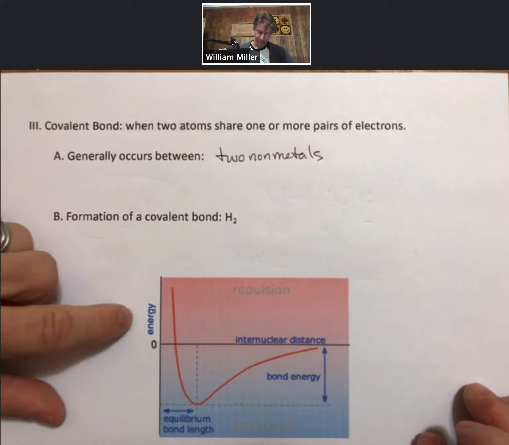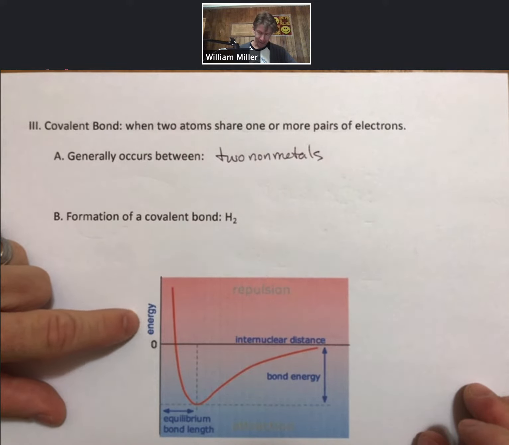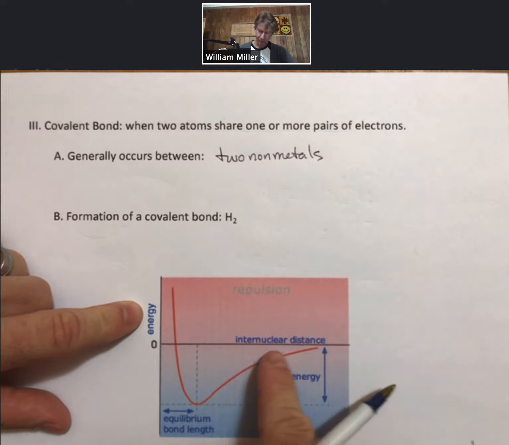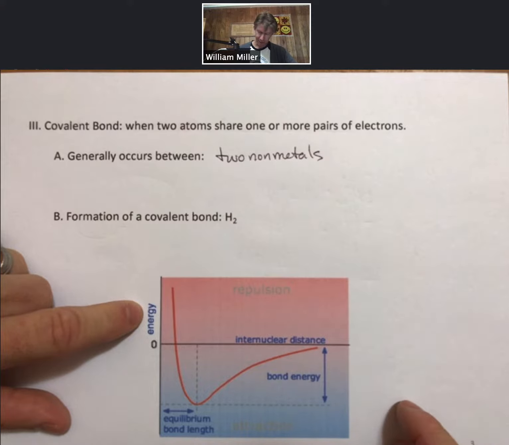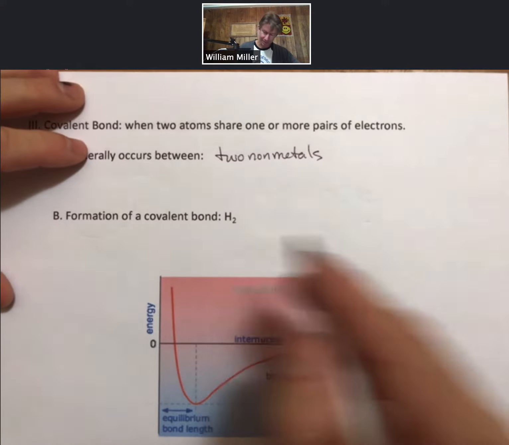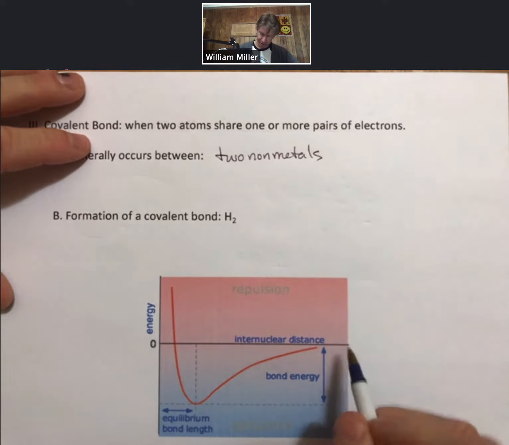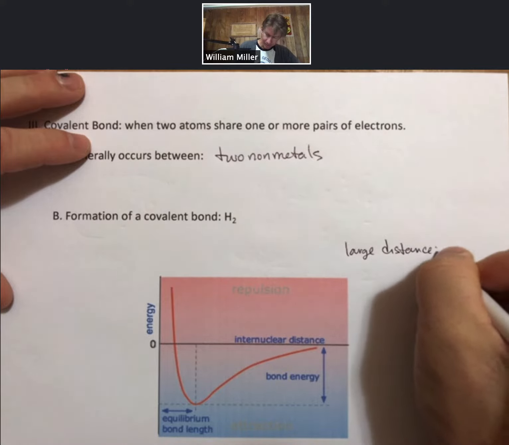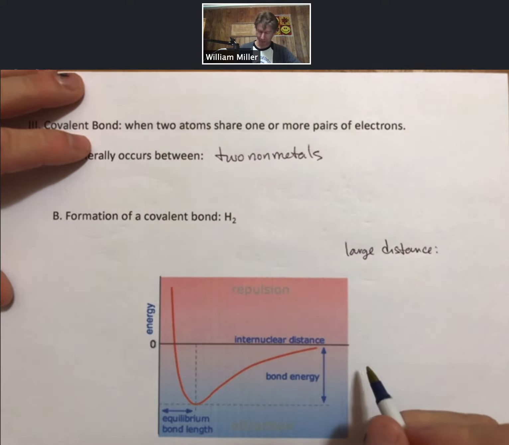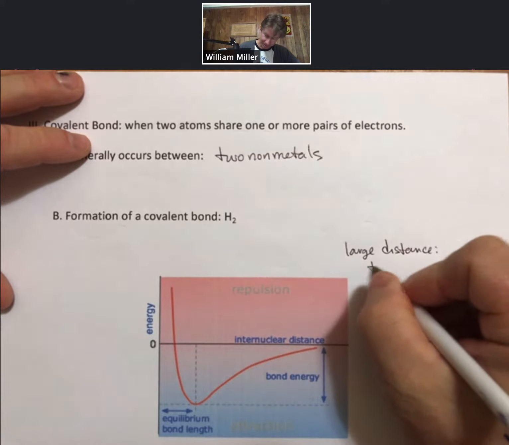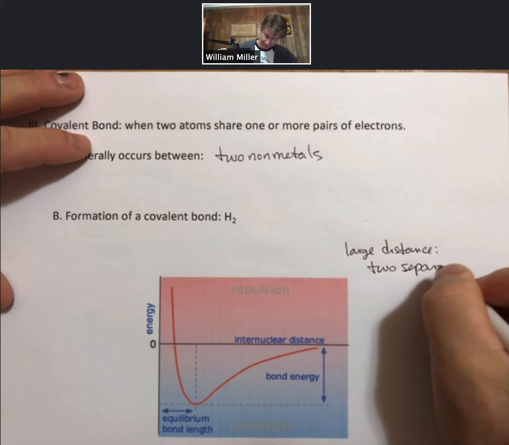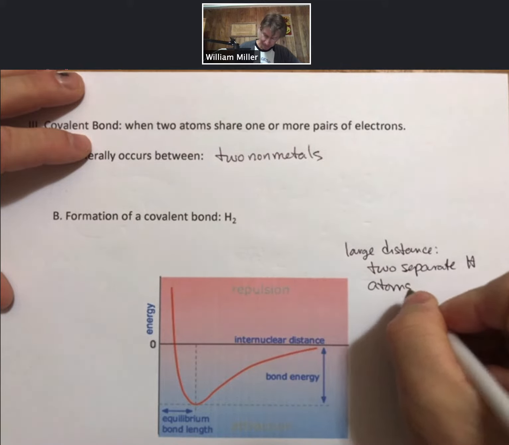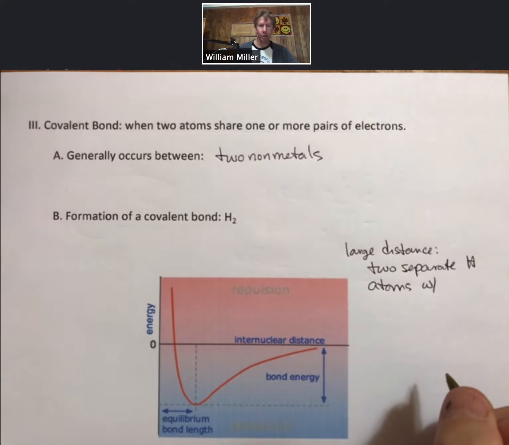And we're going to talk about this curve, and this curve is a curve between energy and internuclear distance, and this is going to be for 2 hydrogen atoms. And so out here at large distance, we have 2 separate hydrogen atoms with no attraction.